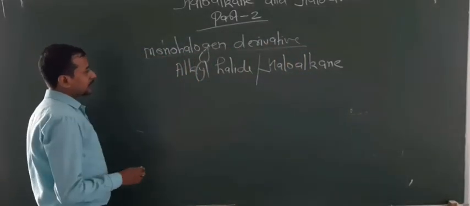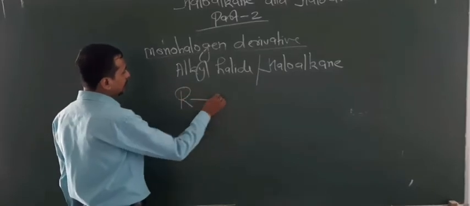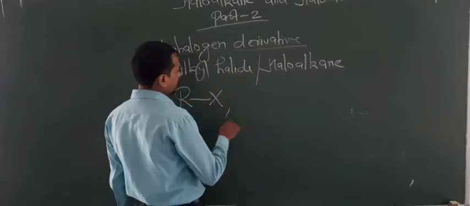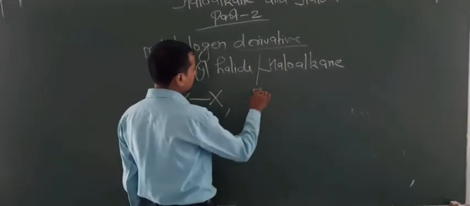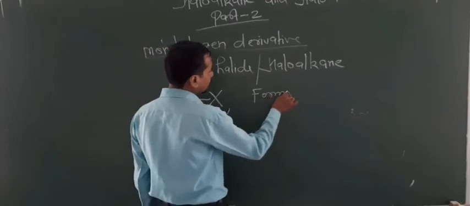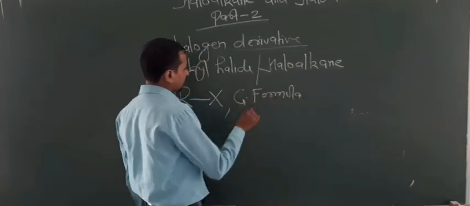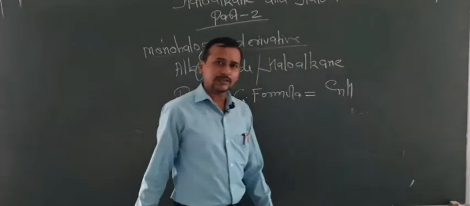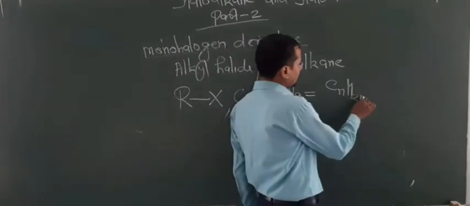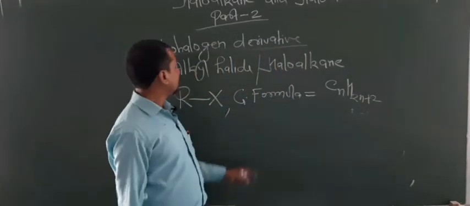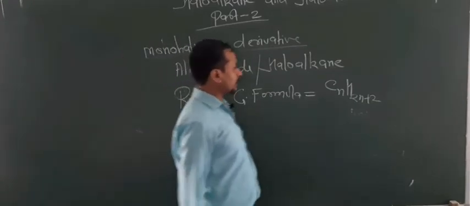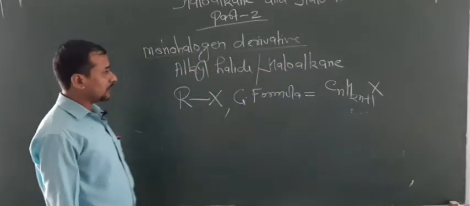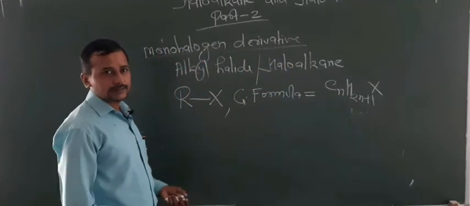First, know some general points. Here X is the general symbol for the halogen in haloalkanes. As you know, the formula of alkane is CnH2n+2, but now we form monohalogen derivatives, so one H is replaced and one X is added. So the general formula of haloalkane is CnH2n+1X.